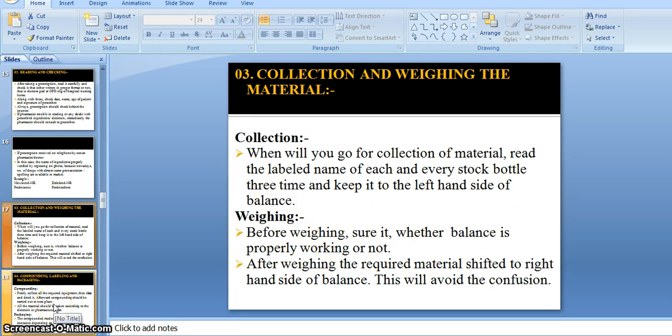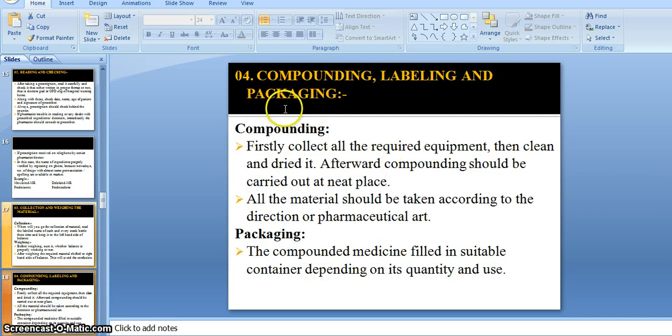After this, the last portion of handling of prescription is compounding, labeling and packaging. That is compounding, labeling and packaging. This is the final and last process of prescription handling. In compounding, firstly collect all the required equipment, then clean and dry it.